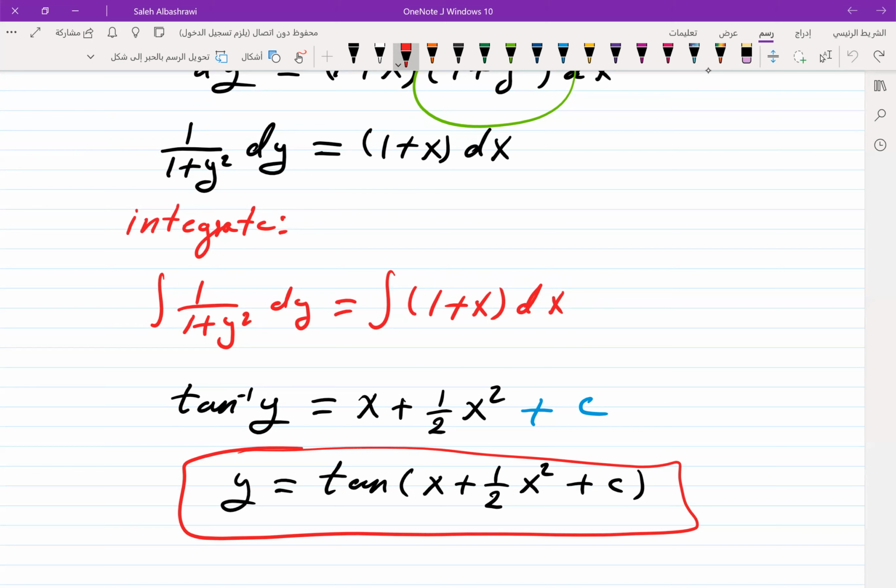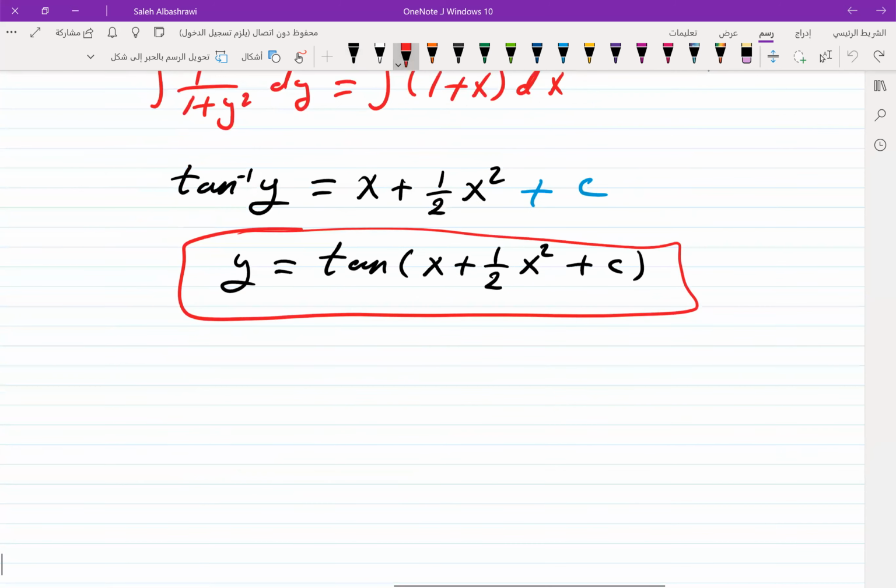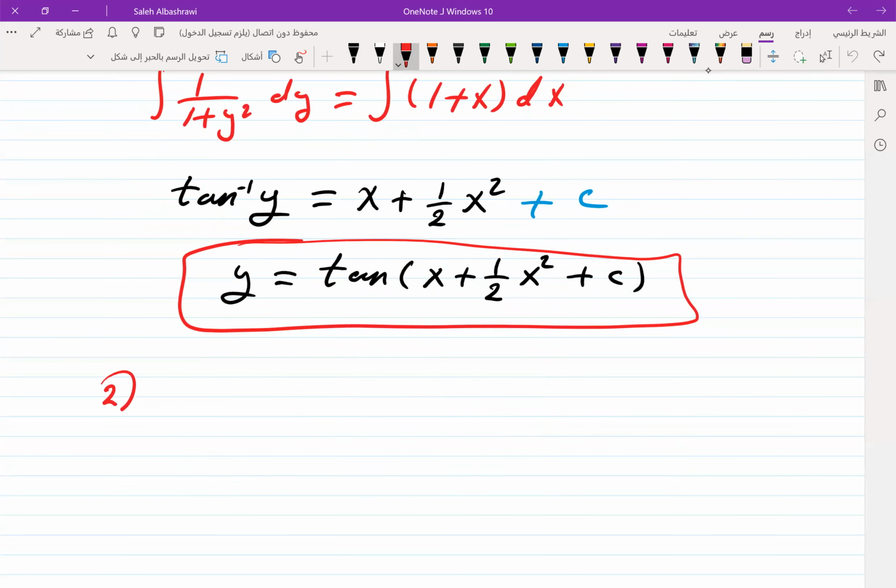Let's take one more example, number 2. y minus dy by dx cosecant of x equal to 0, not cosine, cosecant of x.